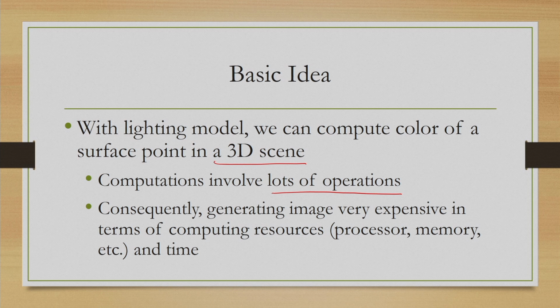As a result, generation of the image, which includes assigning colors to the image, is complex and expensive in terms of computing resources. What are those resources? Processor, memory and so on. Also it takes time. So, both are important, resources and time.